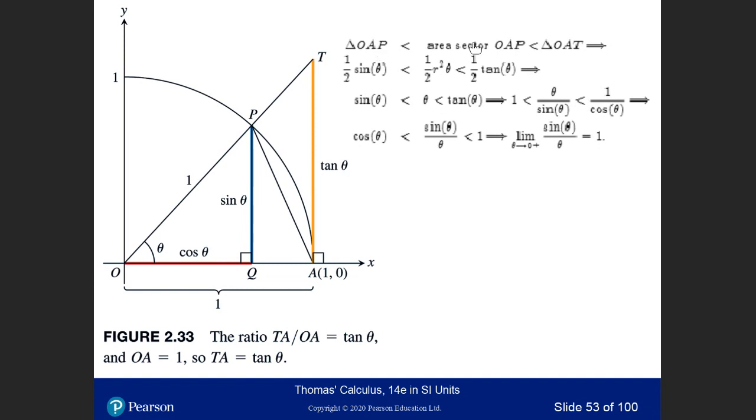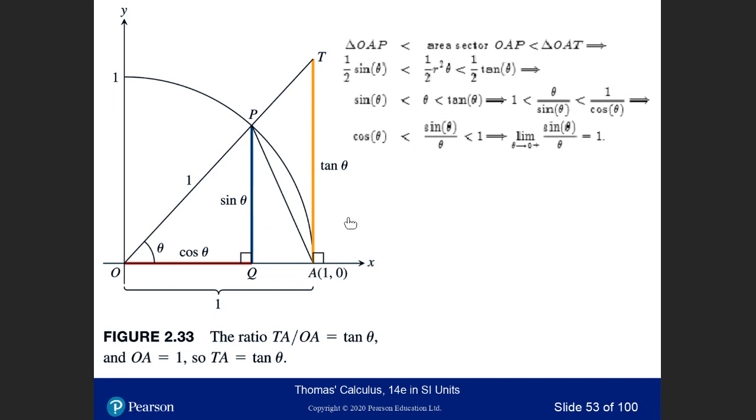Let's look at the sector OPA area. That's 1 over 2 r squared theta. When theta is 2 pi, you get pi r squared. That's how you calculate the area of a sector.